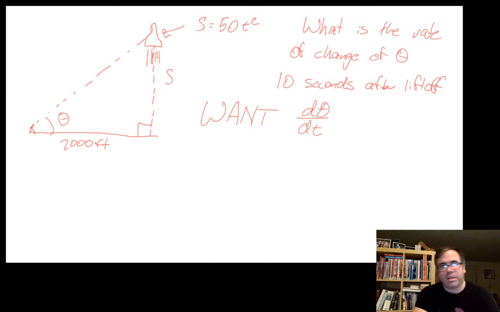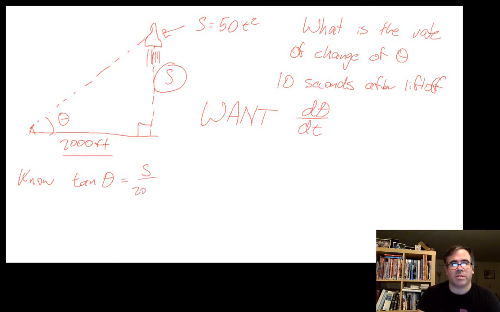Since we know something about the opposite side and the adjacent side, the tangent of theta is going to be equal to opposite, which is S, over adjacent, which is 2,000 feet. Oh, that's nice.